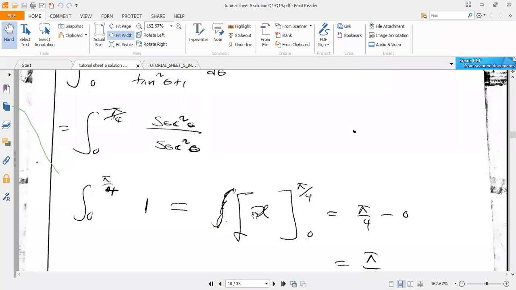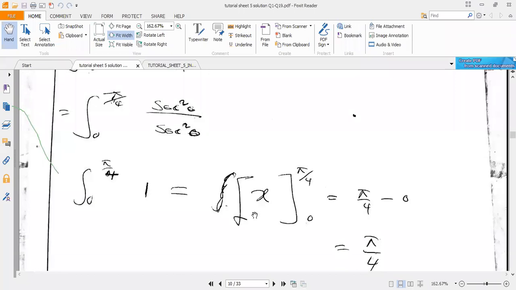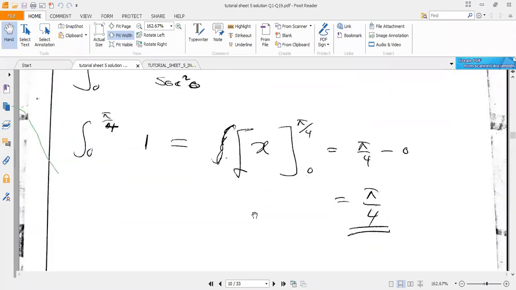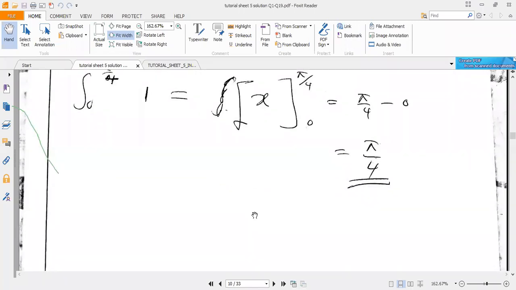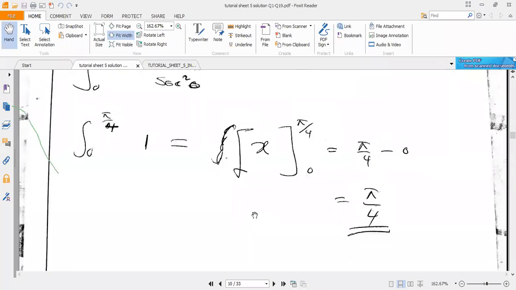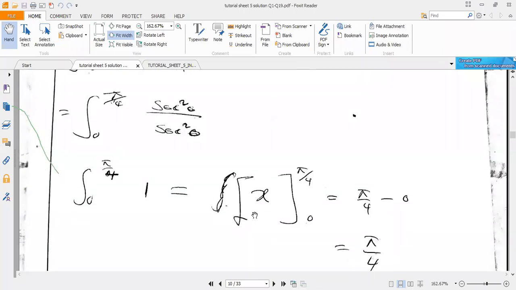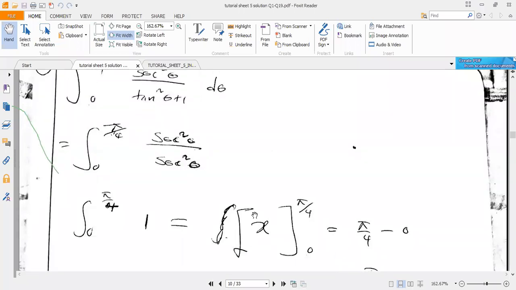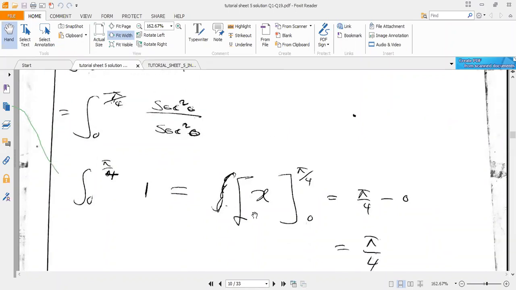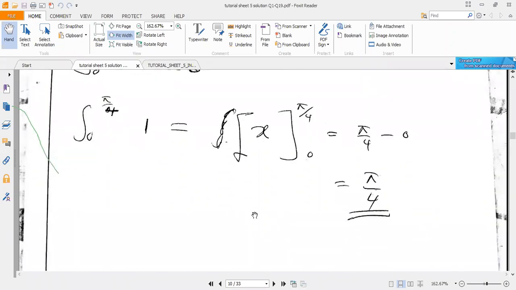So we just say pi over 4 minus 0, which is simply equal to pi over 4 as our final answer. So visit your identities and find out that tan squared theta plus 1 is equal to sec squared theta.